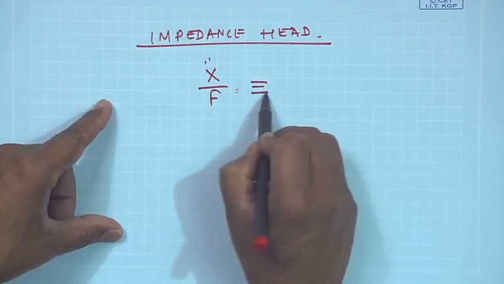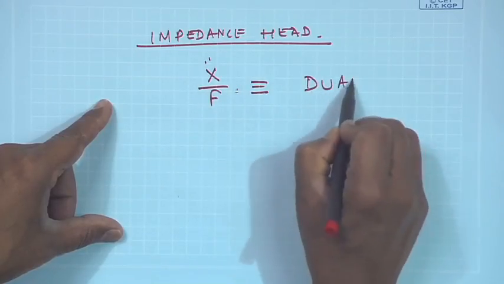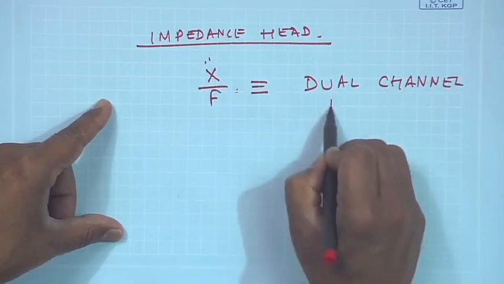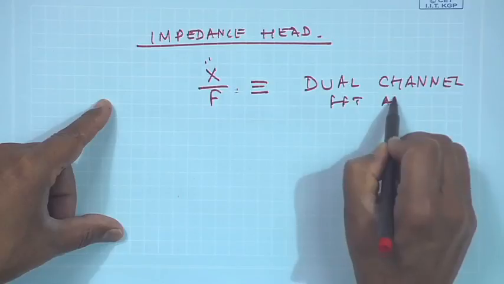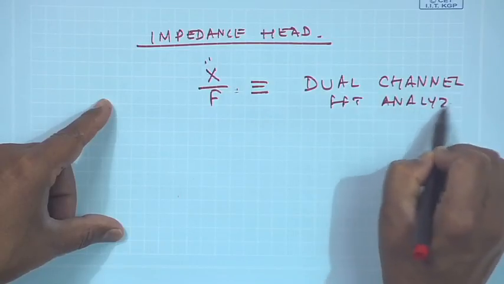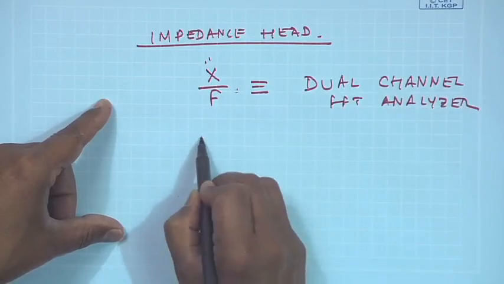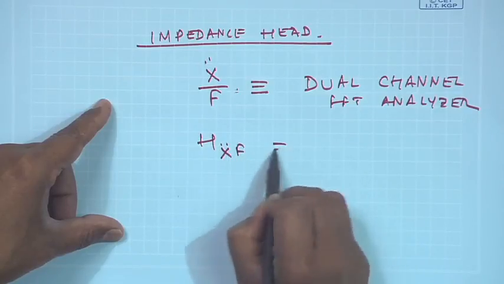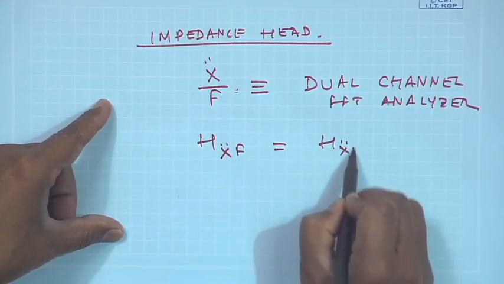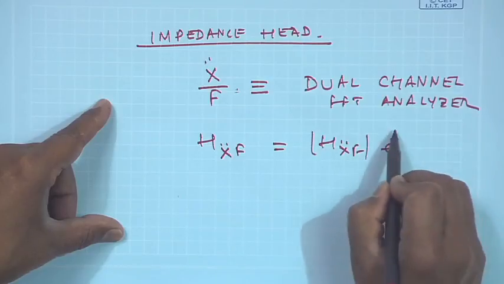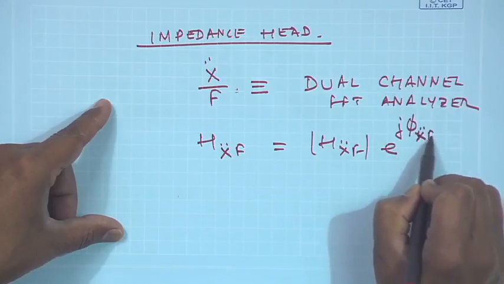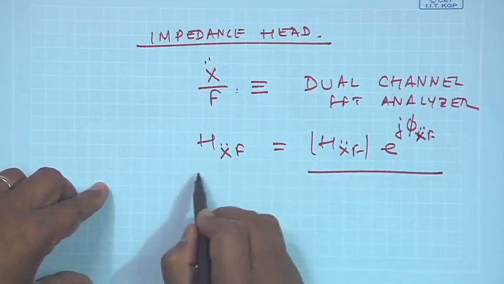This has to be measured by a dual channel FFT analyzer, which will measure the transfer function between x dot and f, which will have a magnitude and, of course, a phase. Okay. So, this is a complex quantity.